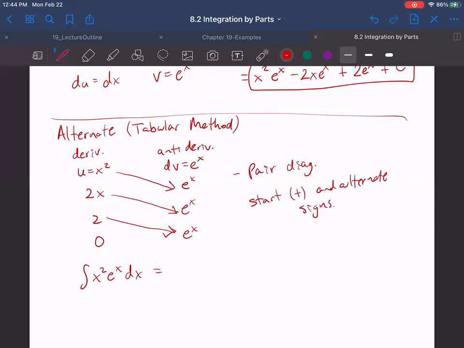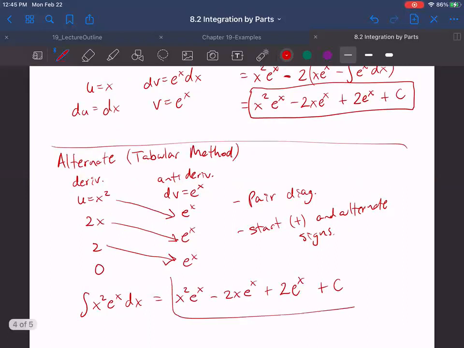So that's what we're going to do. So we're going to go x squared e to the x positive, and then we're going to go minus 2x e to the x, and then we're going to go plus 2 e to the x, and then we're just going to add on our c at the end. And look at our answers.